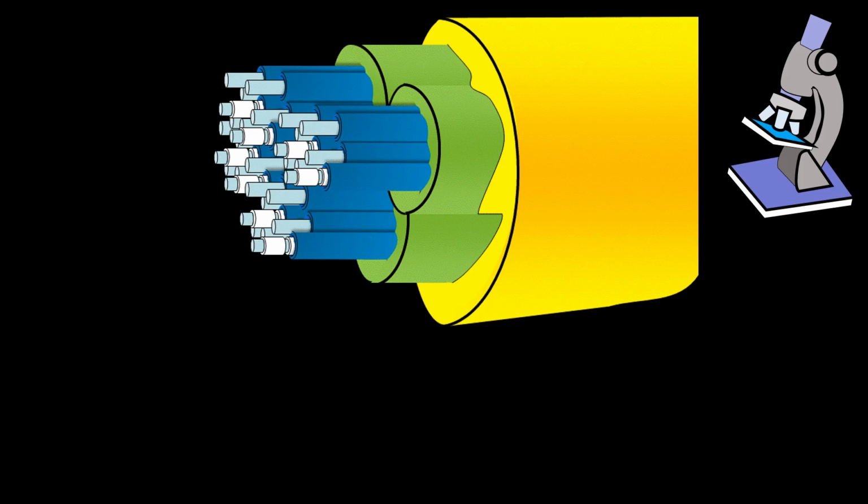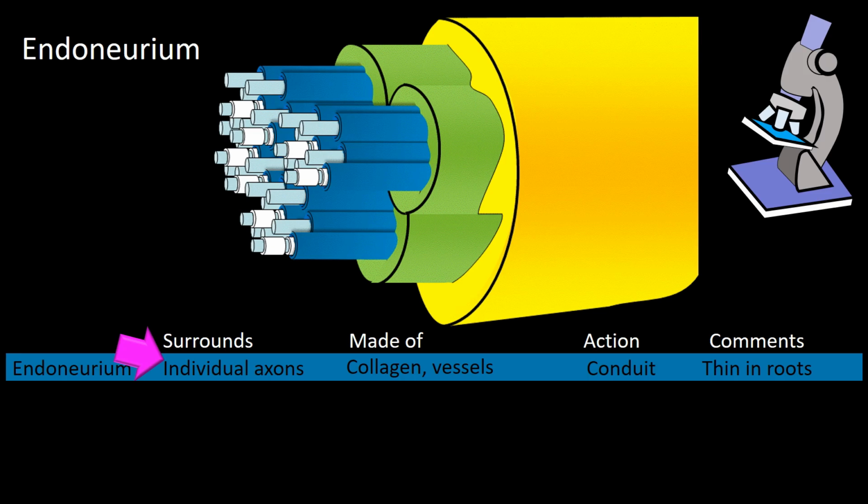In addition, we see endoneurium. The endoneurium wraps individual axons, is made of collagen and vessels. Its action is as a conduit, and it is very thin at the level of the roots.